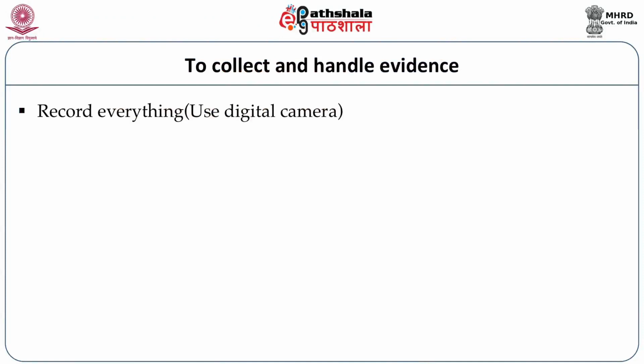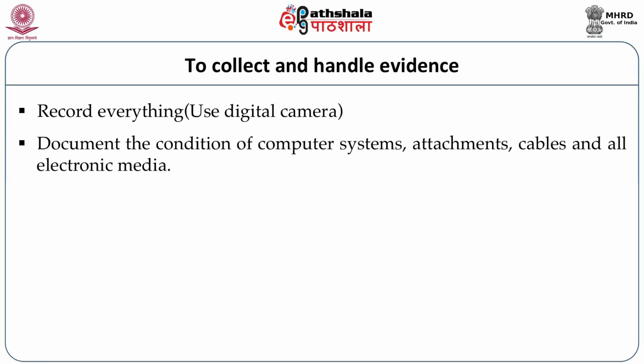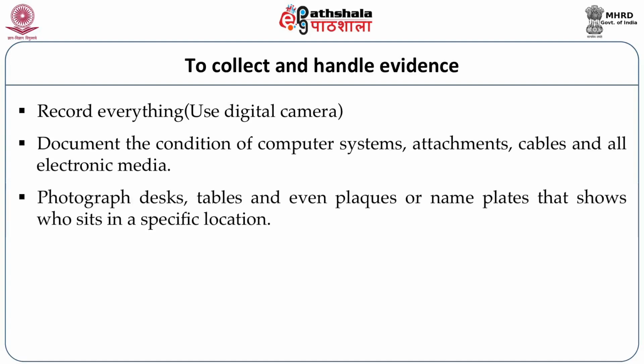To collect and handle evidence, record everything through a digital camera. Document the condition of computer systems, attachments, cables, and all electronic media. Photograph desks, tables, even plaques or nameplates that show who sits in a specific location.